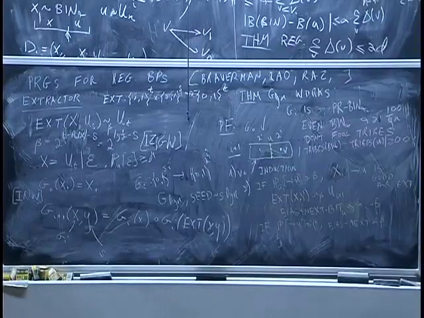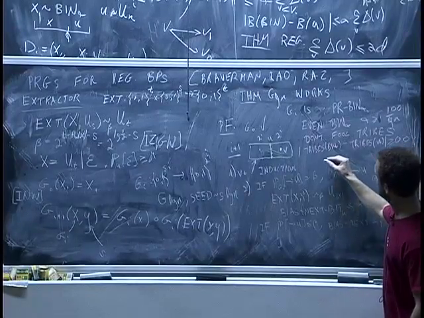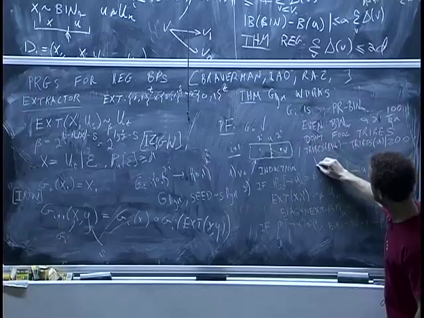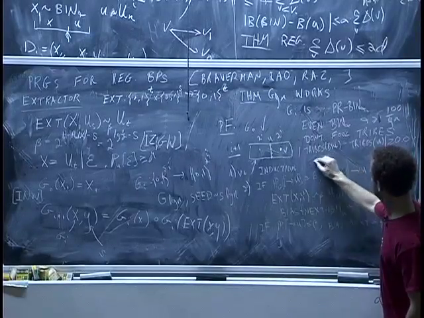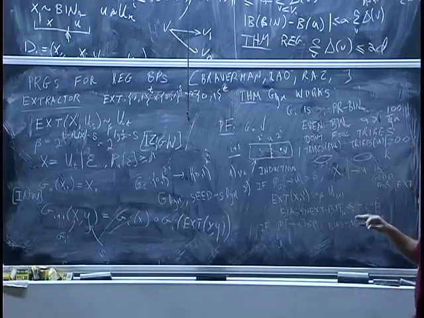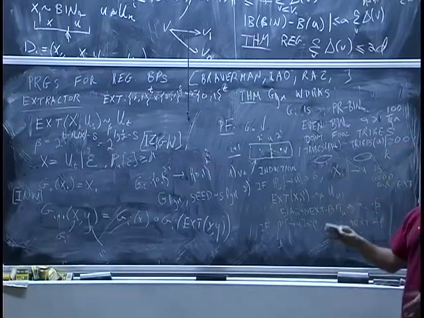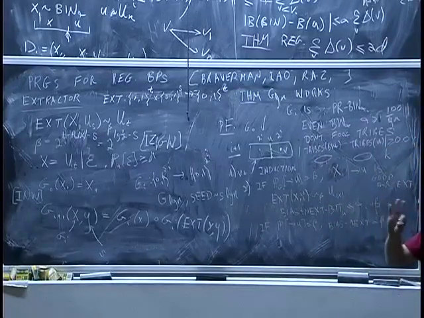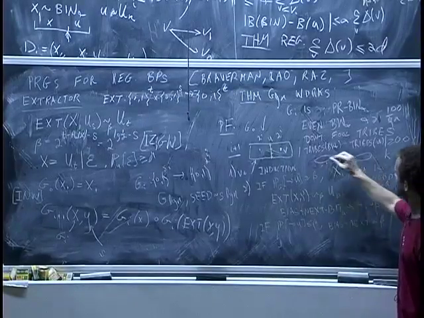And this is very simple to see. It's a very simple calculation. What is the tribes function? The tribes is an OR of ANDs. I'll draw a picture. There are k tribes. Each person belongs to a tribe, a partition of our voting power. Each tribe is of size t.